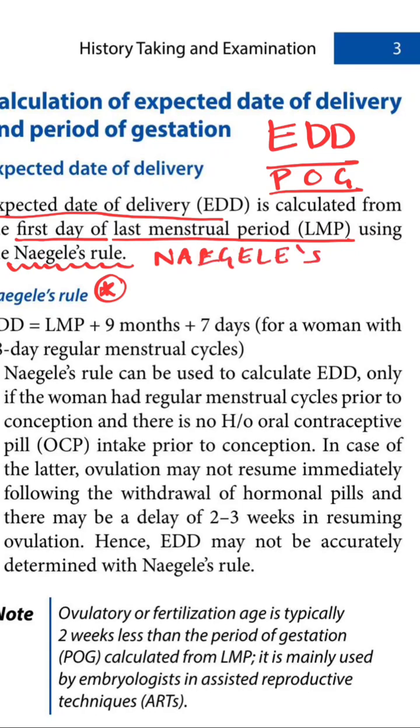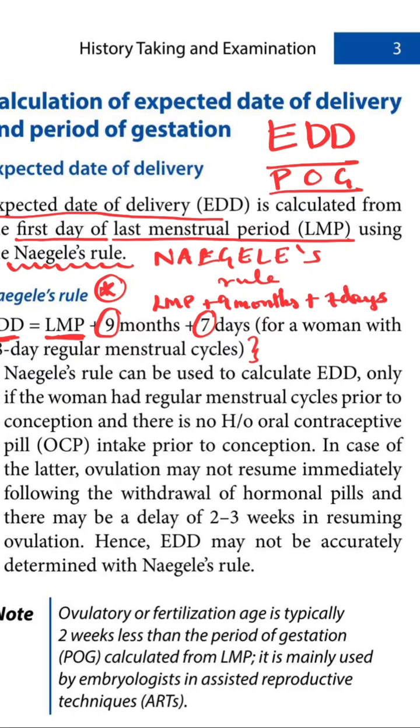This formula must be memorized thoroughly. Expected date of delivery is the last menstrual period plus 9 months plus 7 days.